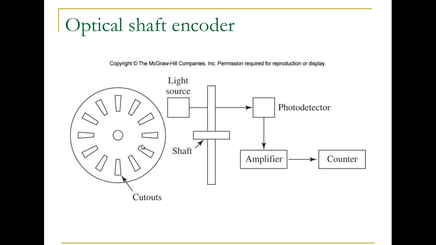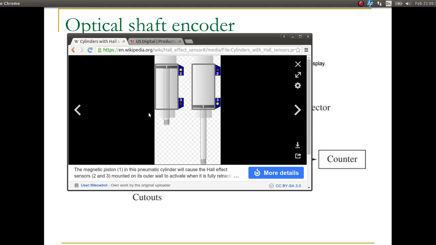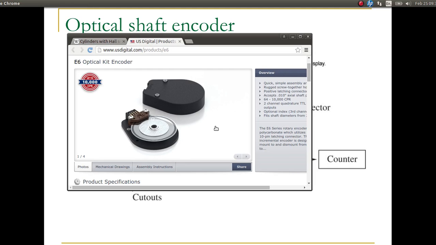And more complicated geometry can even yield an absolute position for the shaft encoder instead of just relative to some starting value. And here is an example of a commercial encoder. You can see the disc and then the light source and sensor.